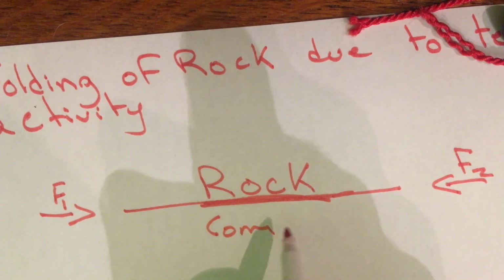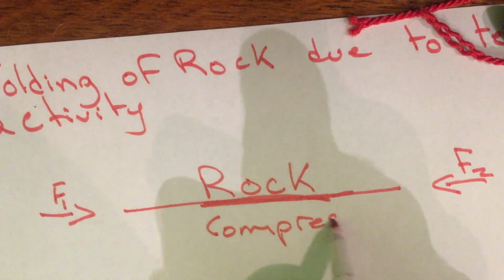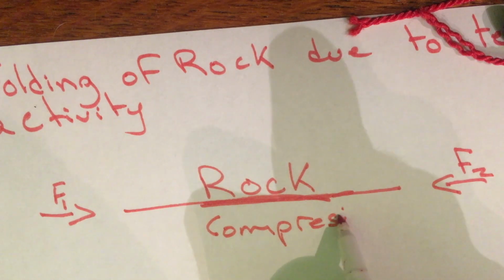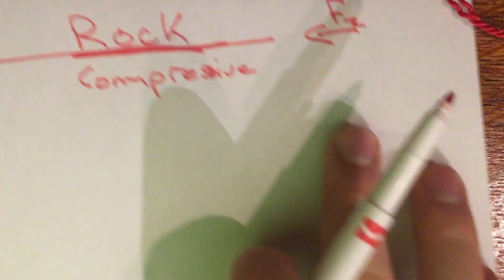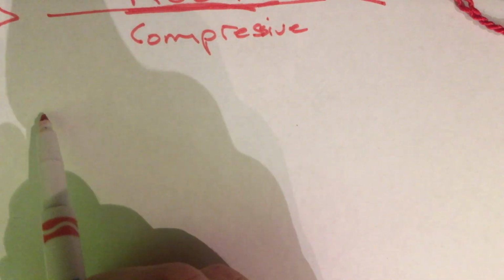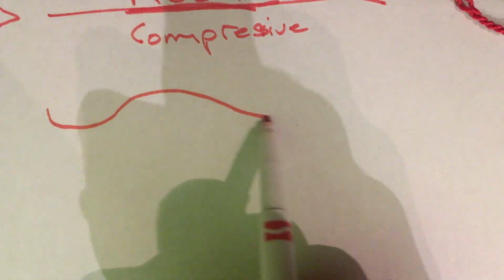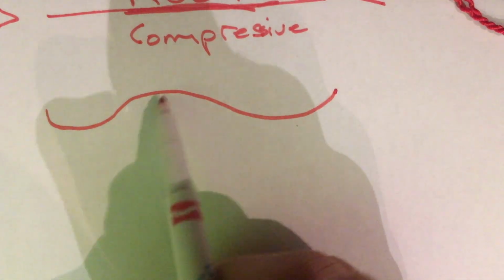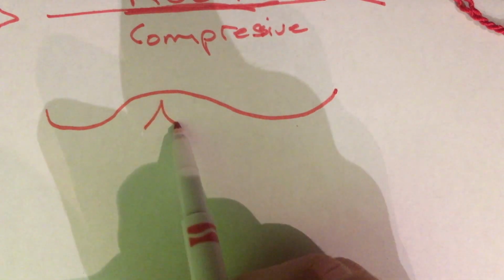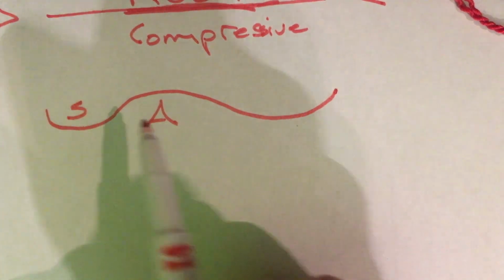So it's a compressive force on this rock. And what that's going to do is it's going to cause the rock to fold, making anticlines and synclines. Okay? So this is actually an anticline right here. We're going to put a little A, and this is a syncline.